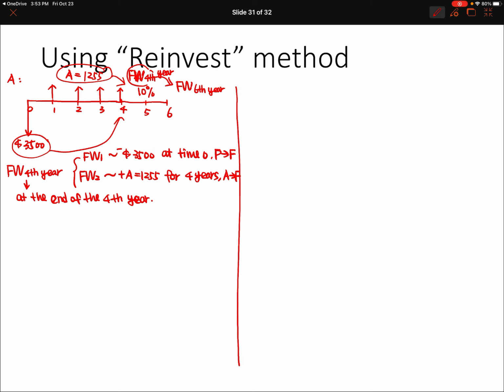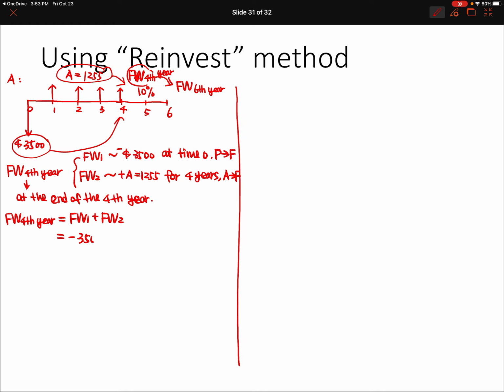So it is to convert A to F, right? So FW fourth year will be the total of FW1 plus FW2. So I'll just write it directly without listing all of them individually like before, okay?